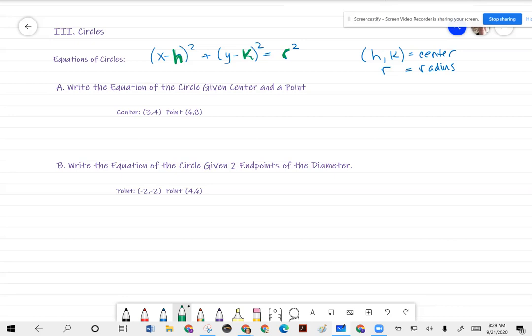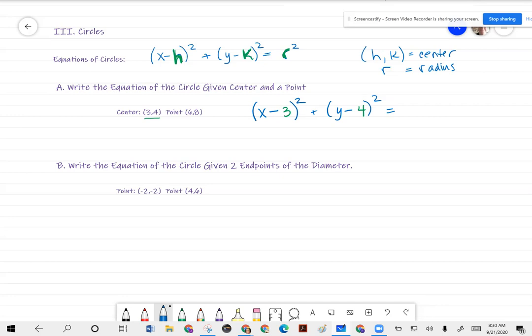All right, the nice thing about this, let's take a look at A. It says write the equation of the circle given the center and a point. If I already know my center is (3, 4), I can already start to write my equation, which would be (x - 3)² + (y - 4)² = ... So now I've notated the center is (3, 4).